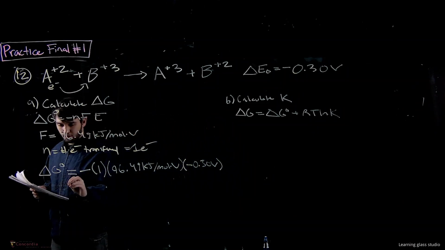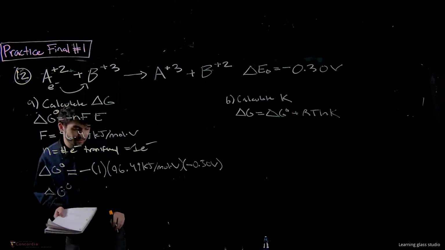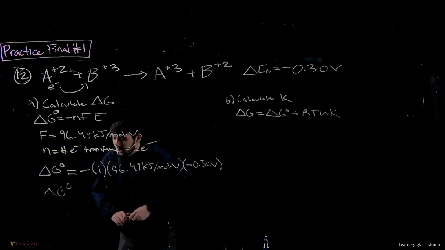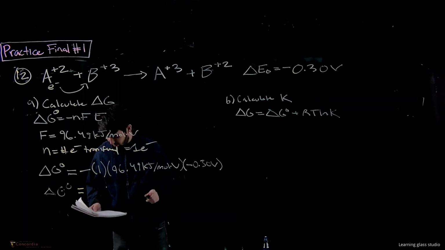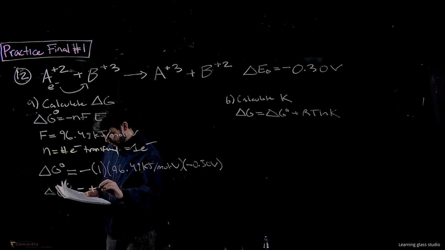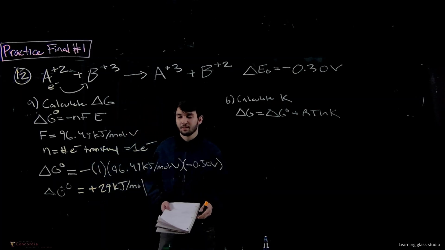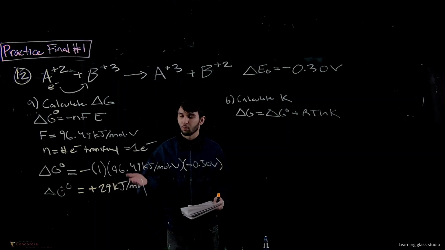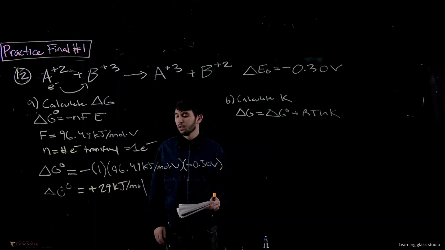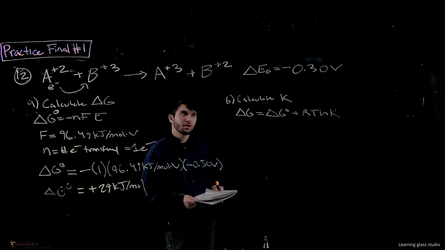You get delta G equal to positive 29 kilojoules per mole. So this is non-spontaneous. This is endergonic. So this requires free energy. So this will not happen on its own. It requires an input of energy, okay?